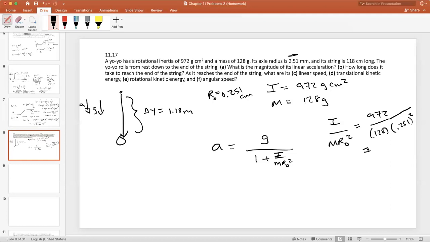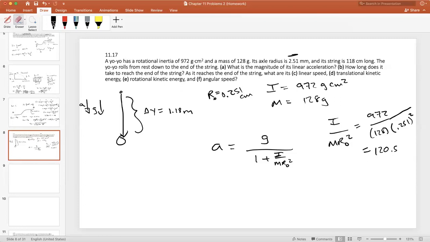I'm just double checking. Yeah, I think I'm all good. Okay, so I get 120.5 meters per second, or just 120.5.